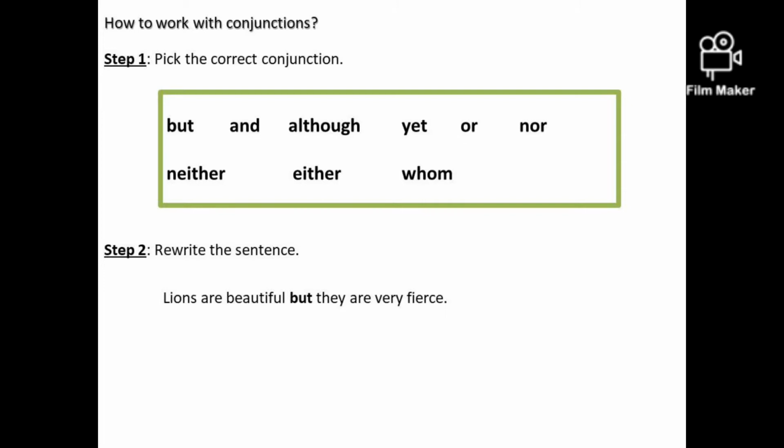The second conjunction that we have as a choice is and. The third conjunction, although. The fourth conjunction is yet.